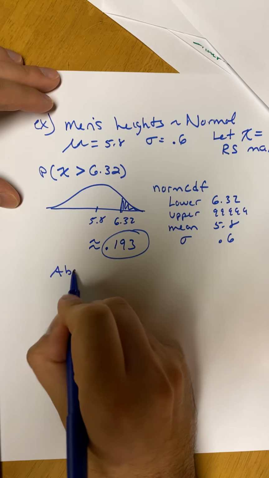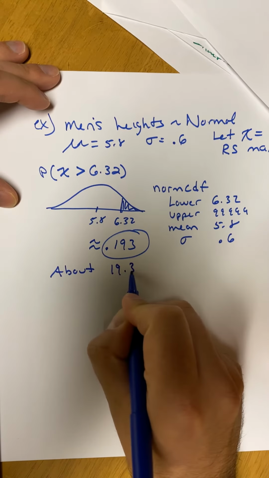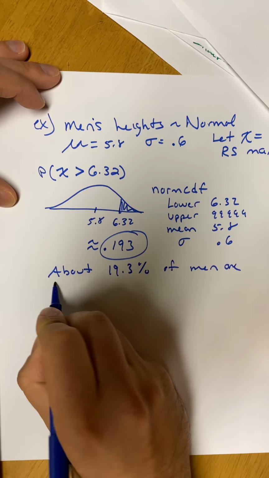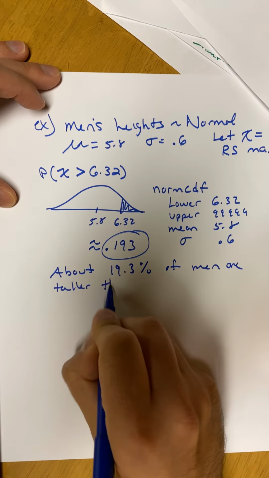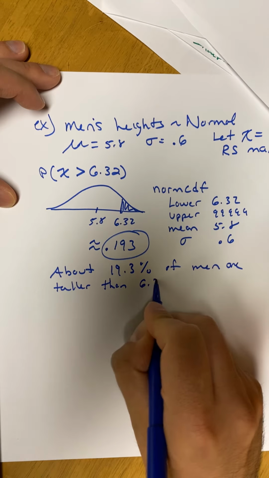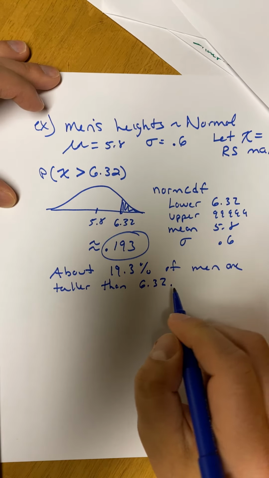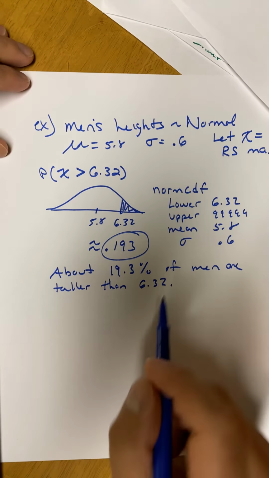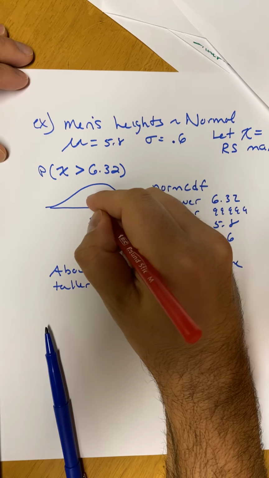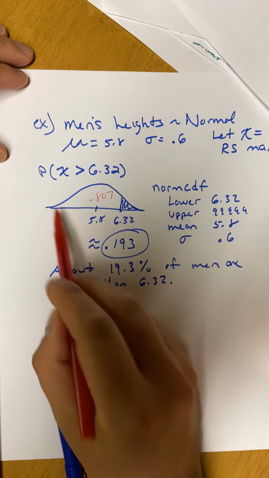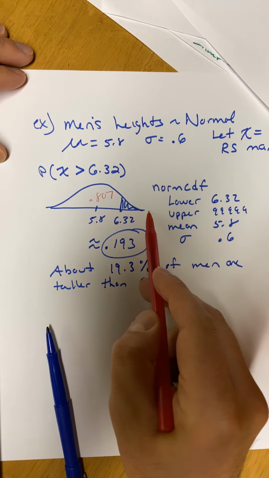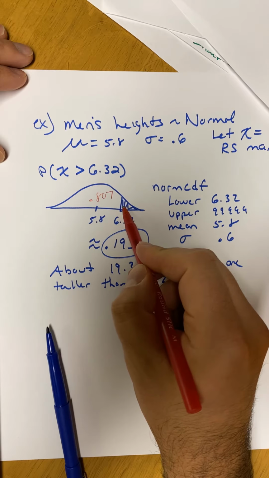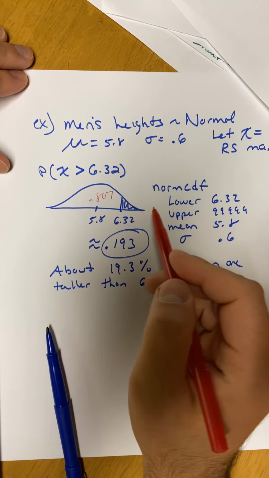About 19.3% of men are taller than 6.32. So 1 minus 0.193 is this. This would be 0.807, because remember, this whole thing has to add to 100% or 1. If I know 0.193 is in this blue shade, 1 minus that gives me 0.807.